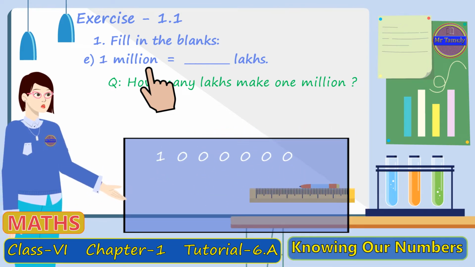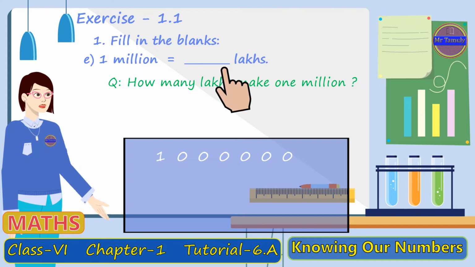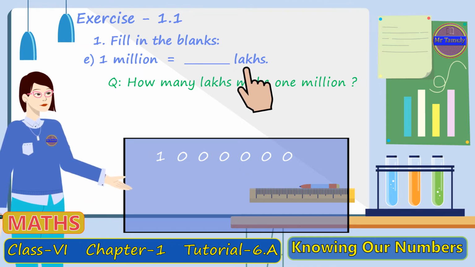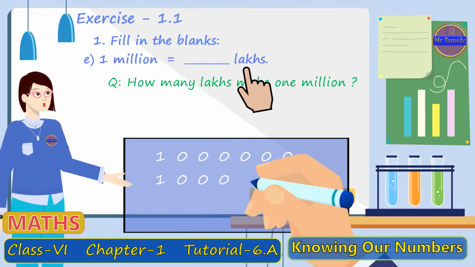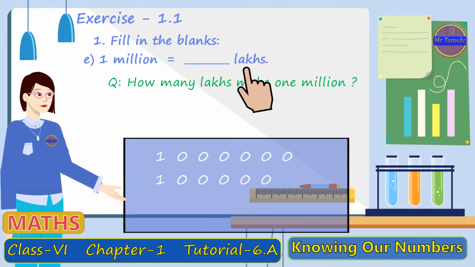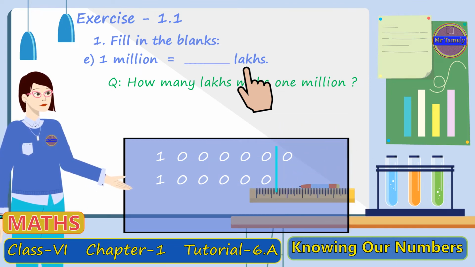Below this number we shall write the other number which is on the right-hand side of the equal to sign. The number is 1 lakh. So we write 1,00,000. As you can see, 1 lakh has got 1 zero less as compared to 1 million.